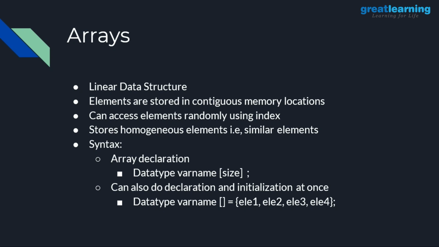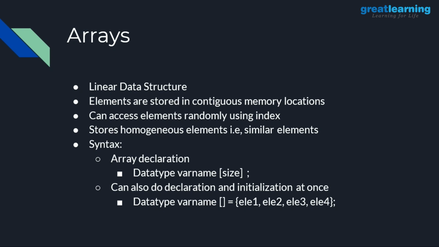So int arr, and then we have to give its size. It's not dynamic, it has to be static, and we have to give a size to it. Size can be omitted when we are declaring and initializing an array in the same line.